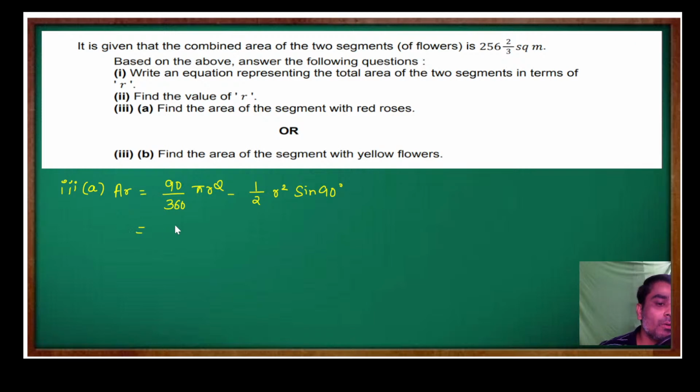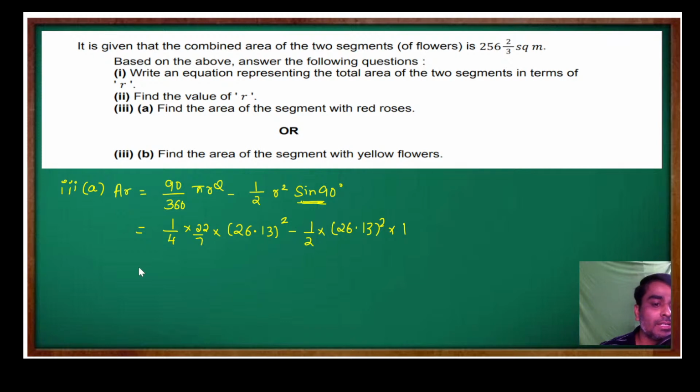This is 1 by 4, pi is 22 by 7, r you got, how much did you get? 26.13. So write 26.13 whole square minus here half 26.13 whole square into 1, because sine 90 is 1.